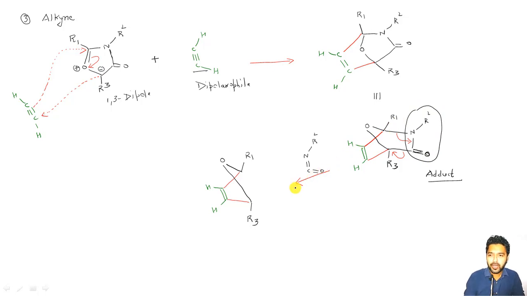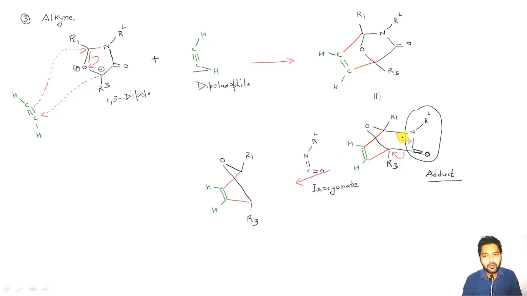And if you are able to recognize this species, what is this? It is an isocyanate. So this means, out of the three reactions which we just discussed, the first one with alkene, the second one with carbonyl compound, and this is the third one here, that is with some alkyne, what is different is, in this case, release of an isocyanate molecule will take place, leading to what?